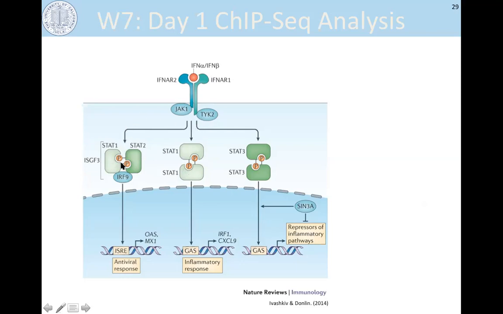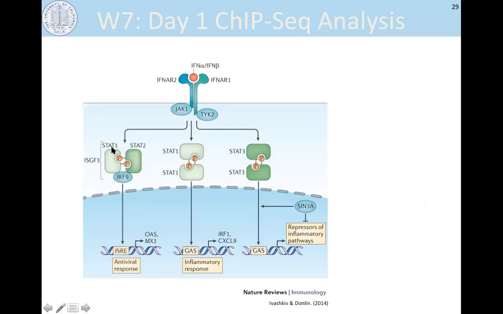Upon their phosphorylation, they will form these complexes, which will then allow them to translocate into the nucleus and bind to certain DNA sequences, known as, for example, the interferon stimulated response element. So this complex, known as ISGF3, is what we're going to focus on, which is composed of STAT1 and STAT2 and IRF9.